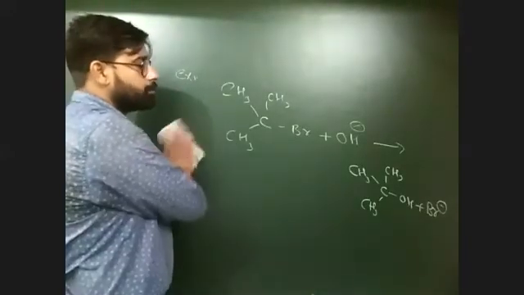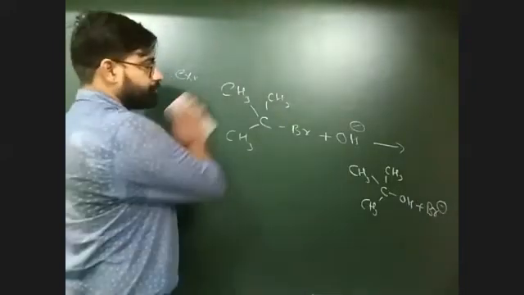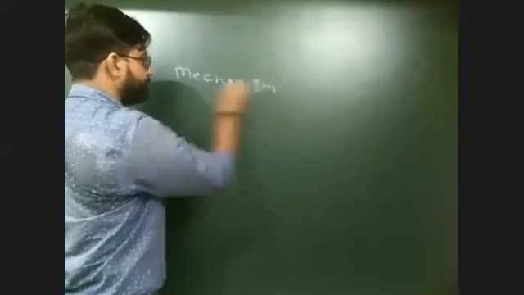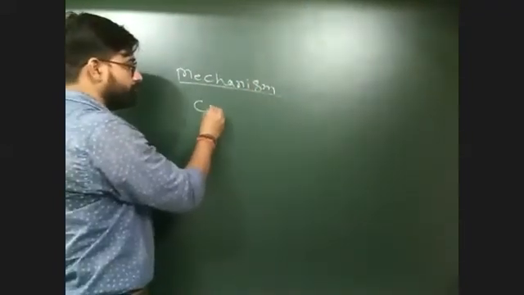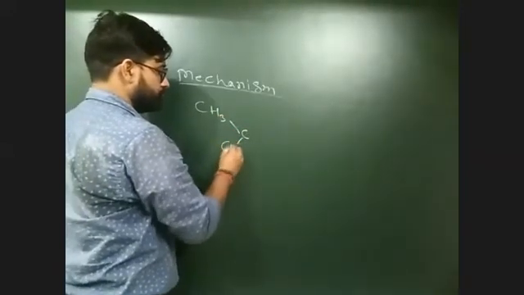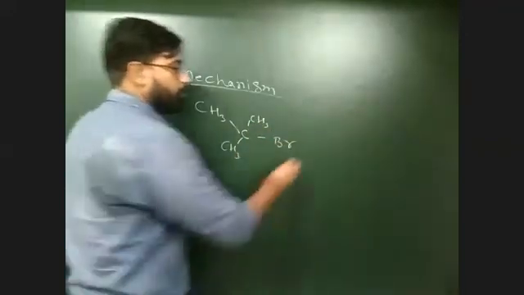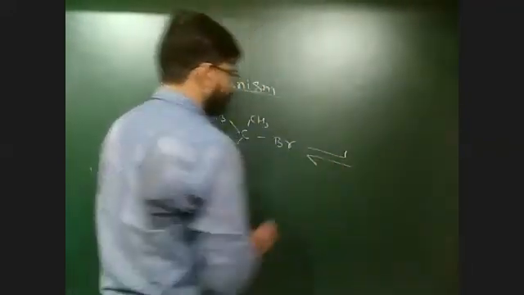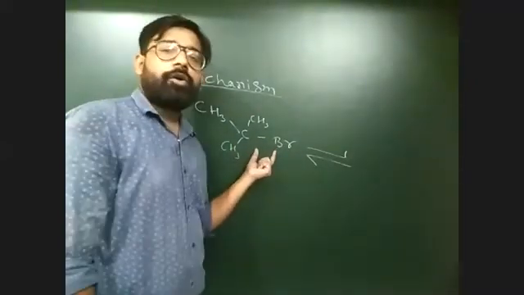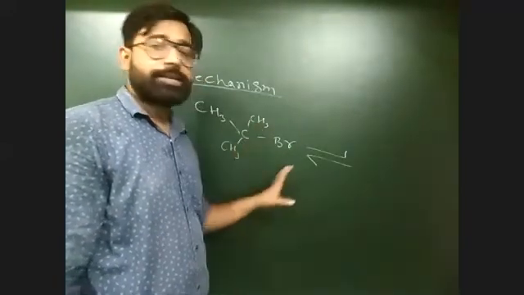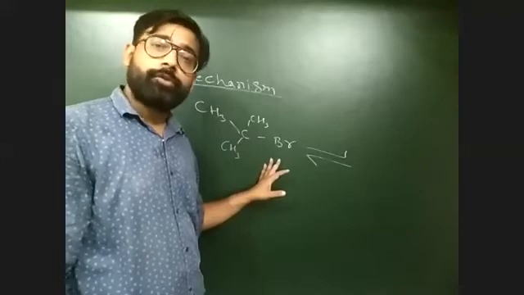So here we start the mechanism of these reactions. First of all, the C-Br bond is breaking, and that step is very slow because these reactions happen in a polar protic solvent.